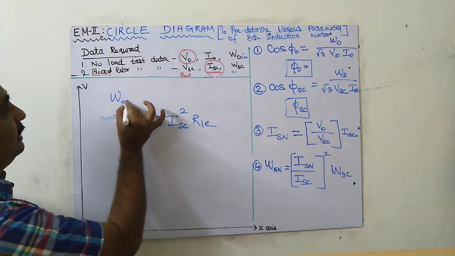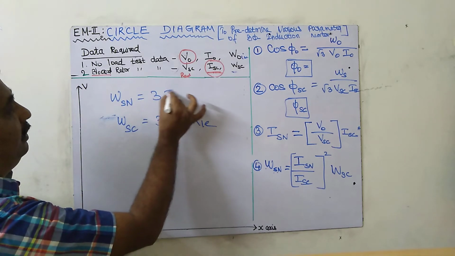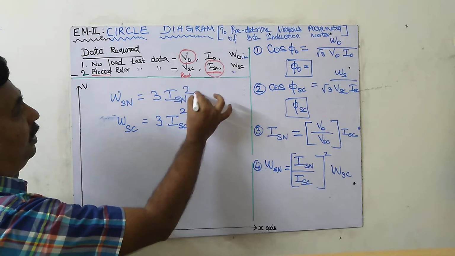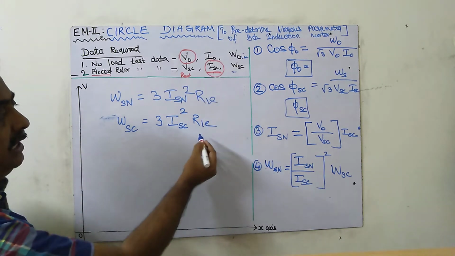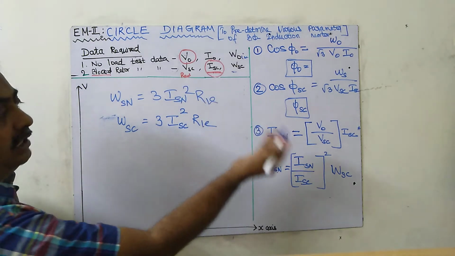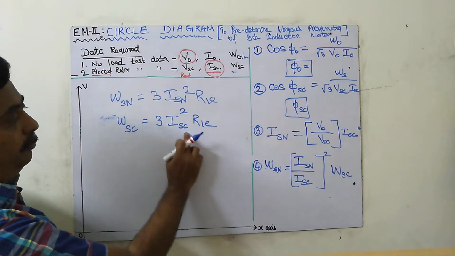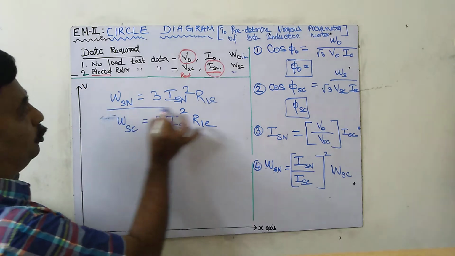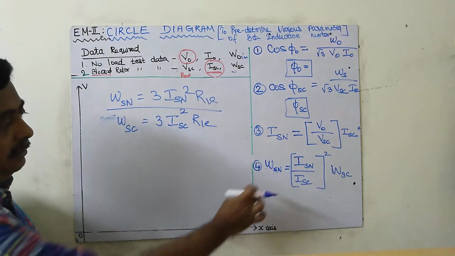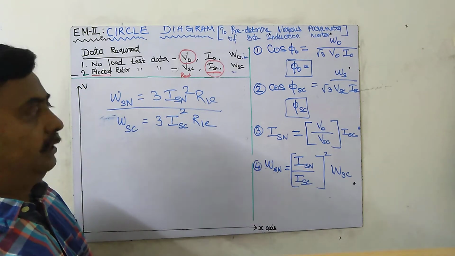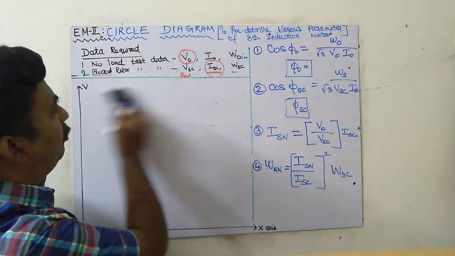Similarly, WSN equals 3 into ISN square into R1E. R1E is the total resistance, stator resistance plus rotor resistance referred to stator. If I divide these two, I get this formula. These derivation steps are not necessary here; we have to remember only the formula.